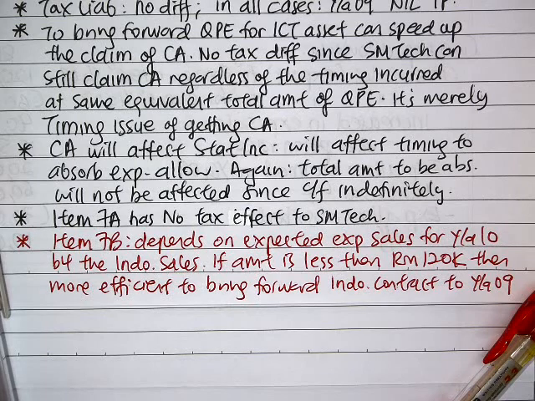Okay, so if it's more than or equal to 120, yes, there's no difference. But if less than, you bring forward, you claim more. If you wait until next year, you claim less.